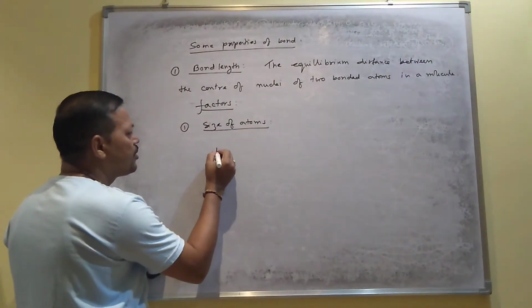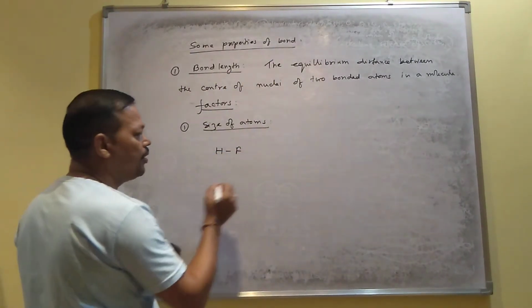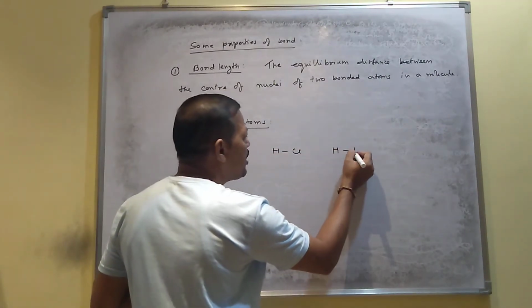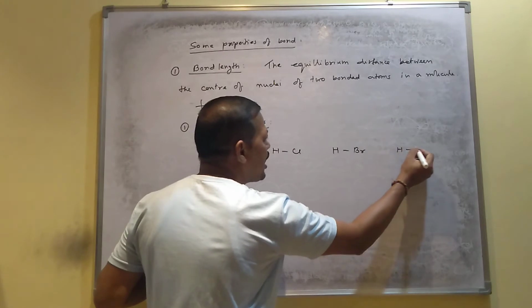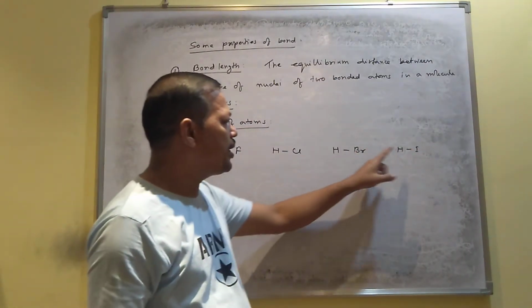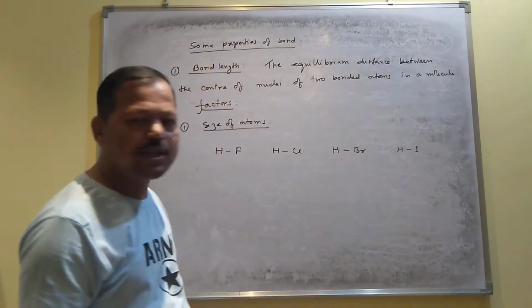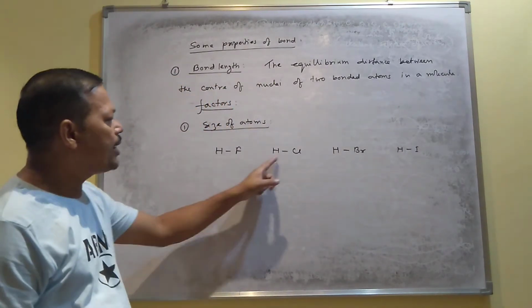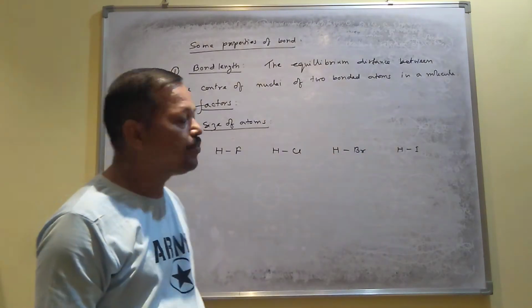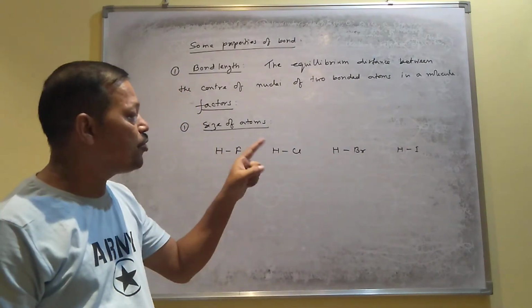If you consider HF molecule, HCl molecule, HBr molecule, HI molecule: hydrogen fluoride, hydrogen chloride, hydrogen bromide, hydrogen iodide. All contain hydrogen and some halogens are present: fluorine, chlorine, bromine and iodine. Which one has the largest size among the halogens?